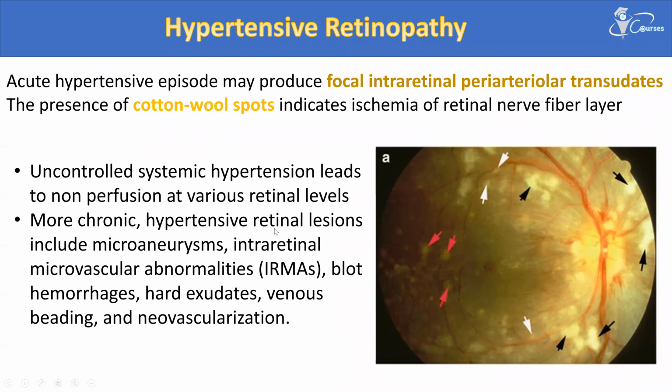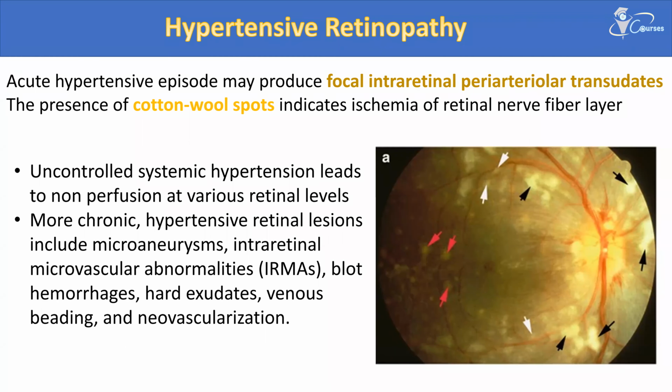If the hypertension is uncontrolled, then this will result in non-perfusion and ischemia. So this will result in microaneurysms, intraretinal microvascular abnormalities as well, dot and blot hemorrhage, hard exudates, venous beading, and new vascularization. So it will be the same as diabetic retinopathy. So we are speaking about the spectrum of retinopathy.